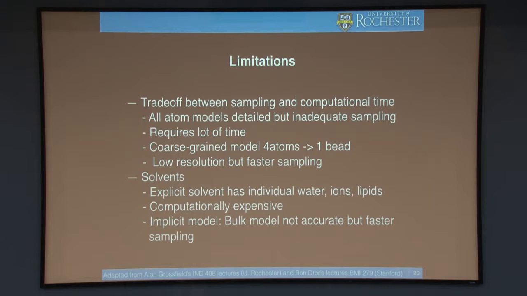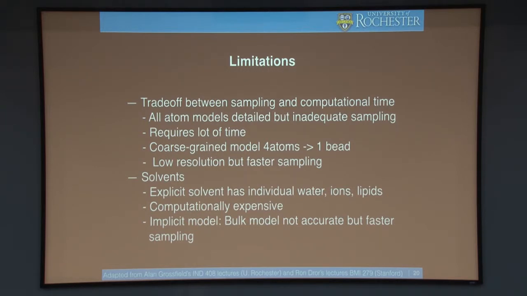So to do that, we can coarse grain the system, where if there are 100 atoms making up a protein, we can compact 4 atoms into one particle and then run it. So that way we are reducing the number of atoms in the system, but we are increasing how much time the simulation can run.